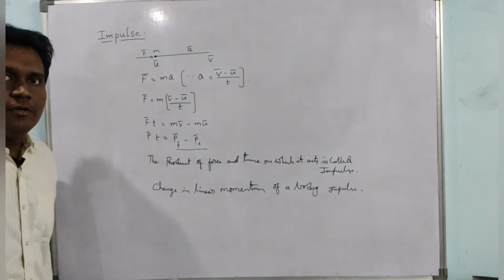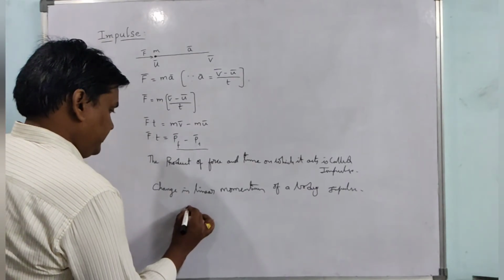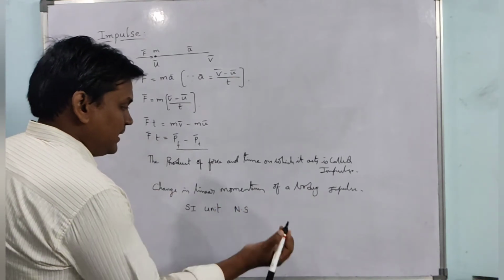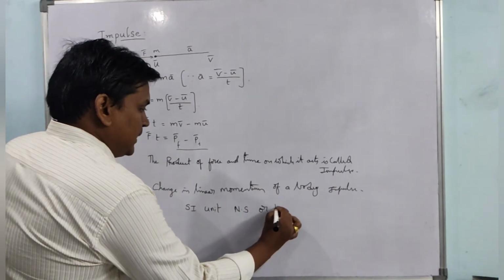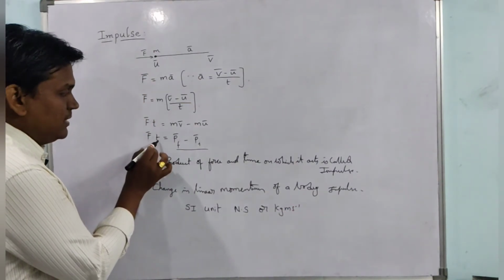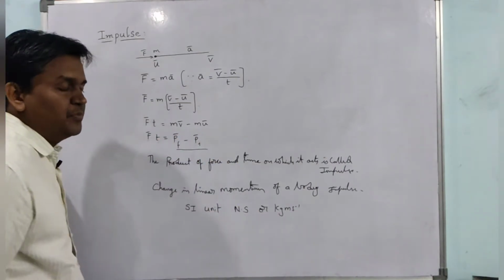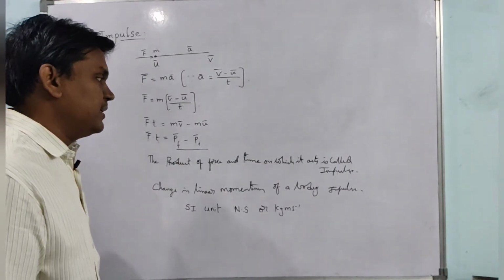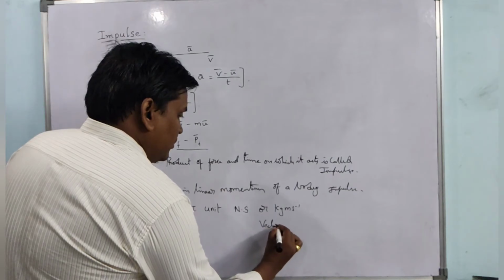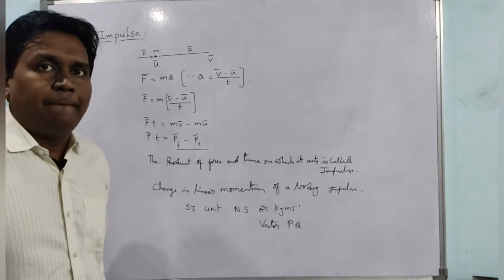So this is the definition of impulse, and the SI unit of impulse is Newton second or kg meter per second. Force is in Newtons times second, or if you take momentum, the SI unit is kg meter per second. And impulse is a vector physical quantity.